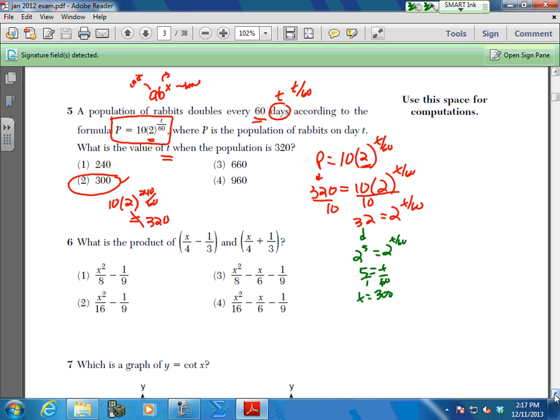Or, if you wanted to, you can take the log of both sides. Bring down your log. I would work one step at a time. Get rid of log 2.